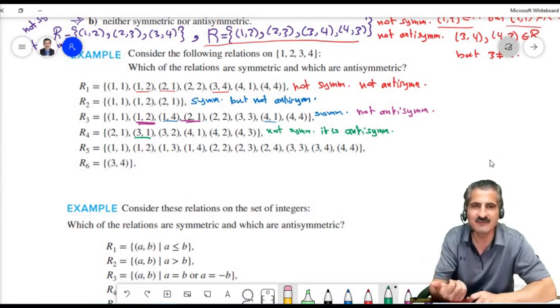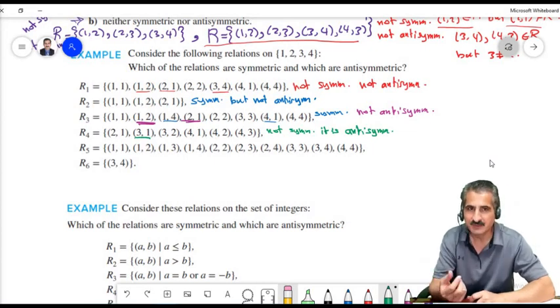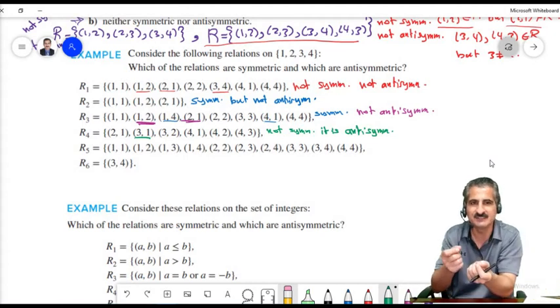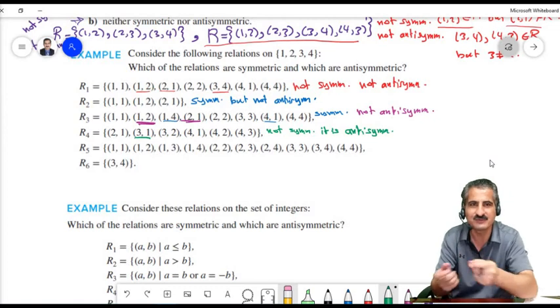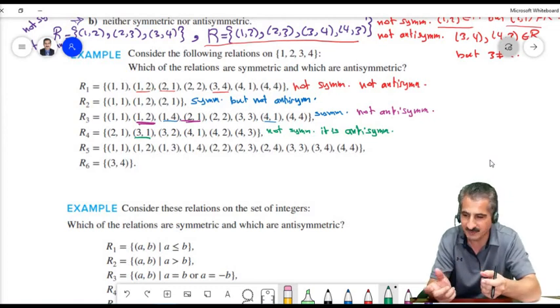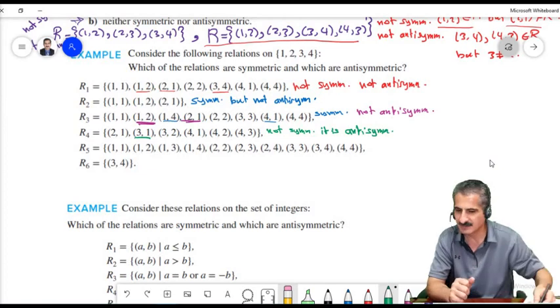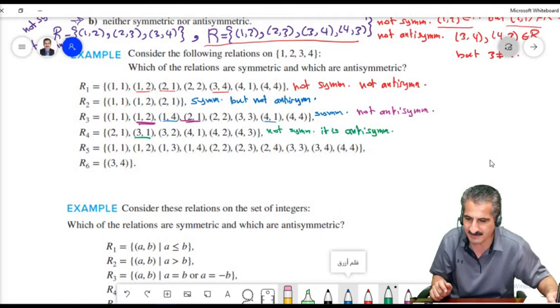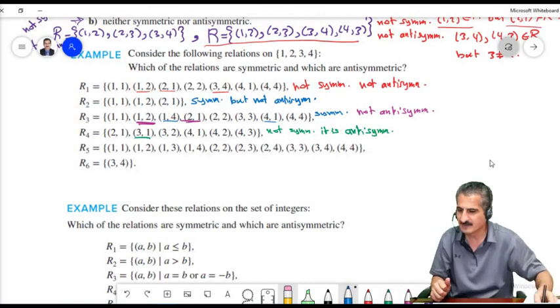Now we have no ordered pair where the first element is related to the second element and then the second element is related to the first element. There is no such ordered pair. Okay? So nothing goes against the anti-symmetric. What about R5? Is it symmetric?